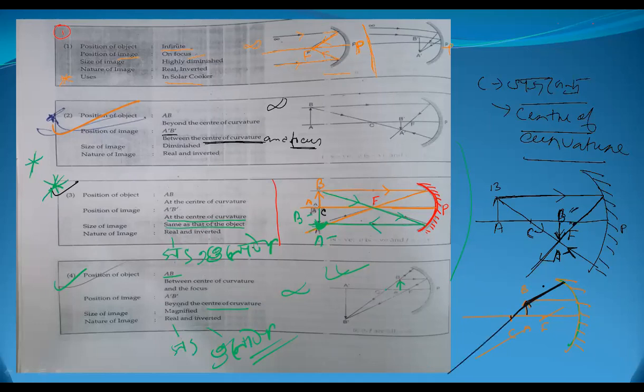It means the ray which passes through the center of curvature will go back in the same path. Now see, this is the point of intersection. This will be the image, but the image will be magnified. So A dash B dash.